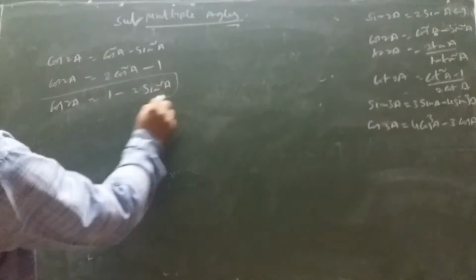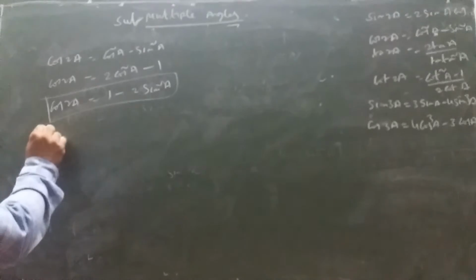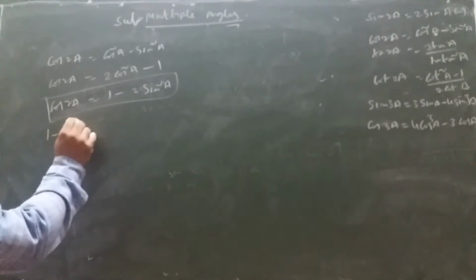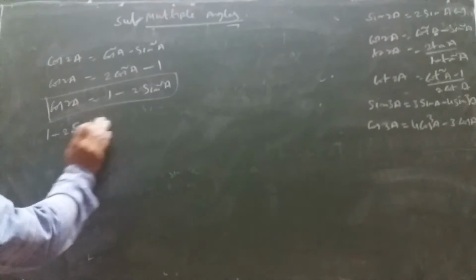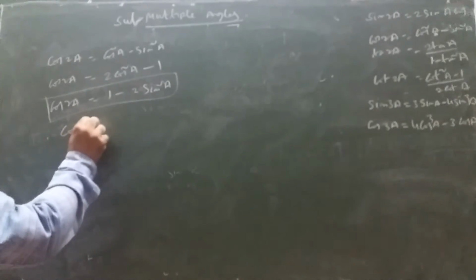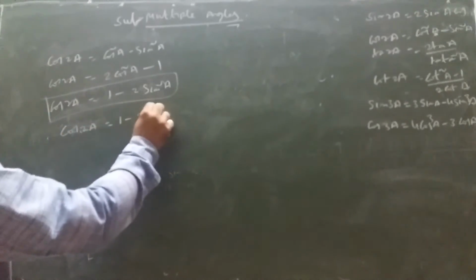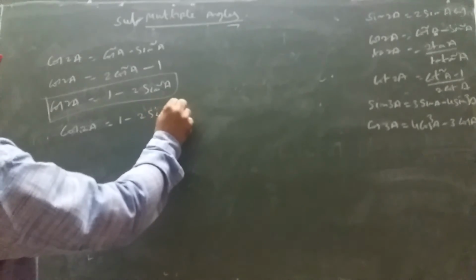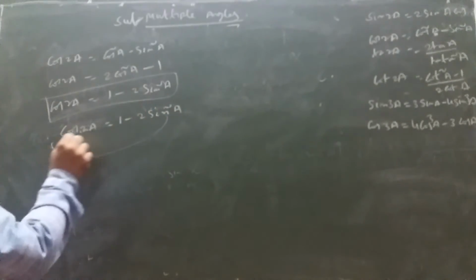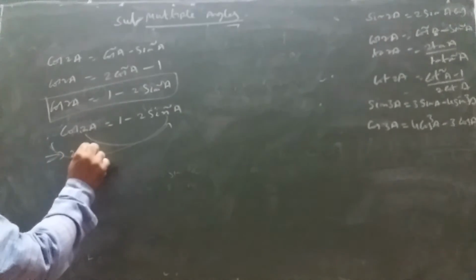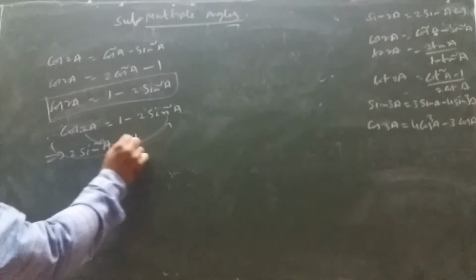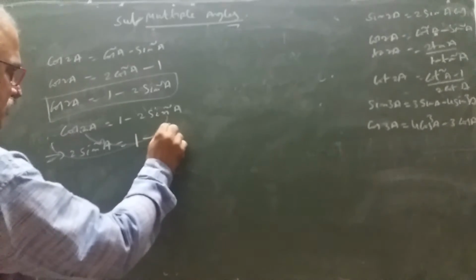By taking this one, cos 2A is equal to 1 minus 2 sin square A. If we bring this to the left side, that implies 2 sin square A is equal to 1 minus cos 2A.